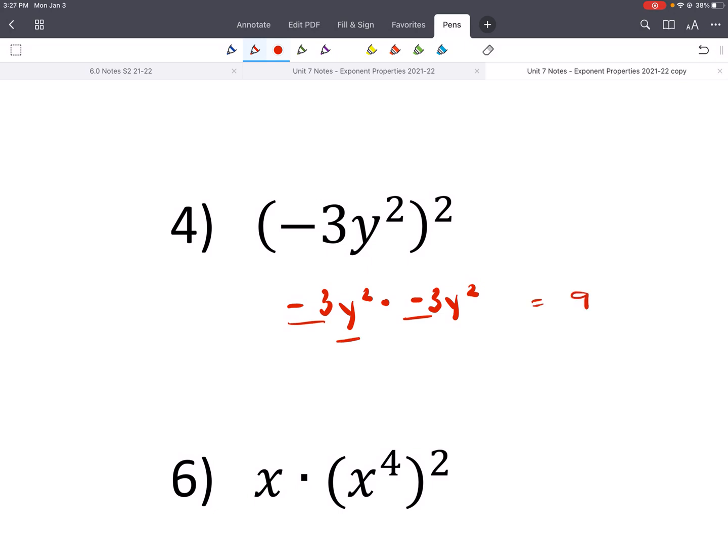And then y squared times y squared would give us y to the 4th. Again, we add those, not multiplication. Okay? Or if you preferred, you could say we're going to do -3 squared and y squared squared, and do those individually. So lots of choices. That gives you 9 and y to the 4th. Okay?